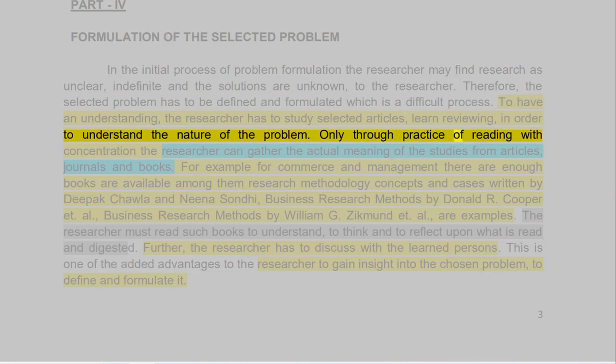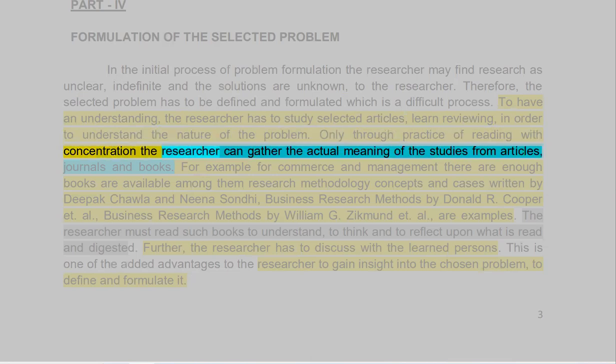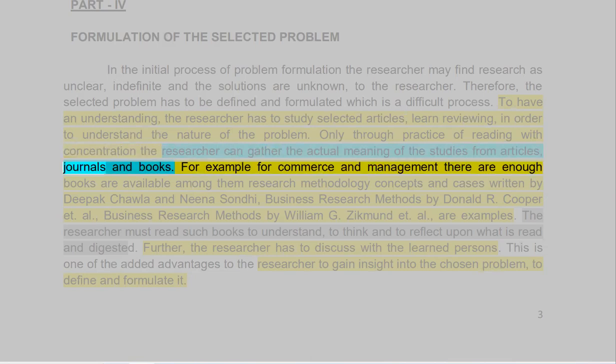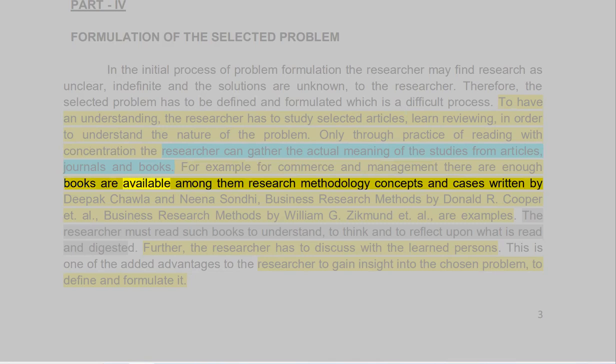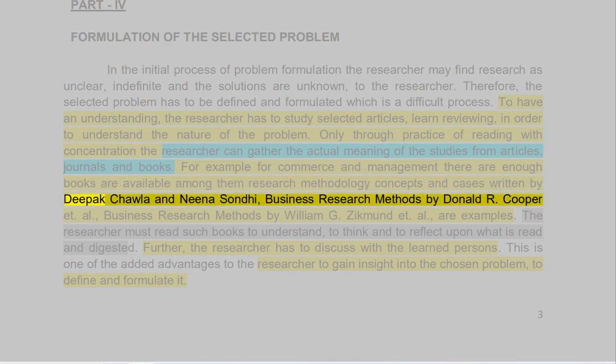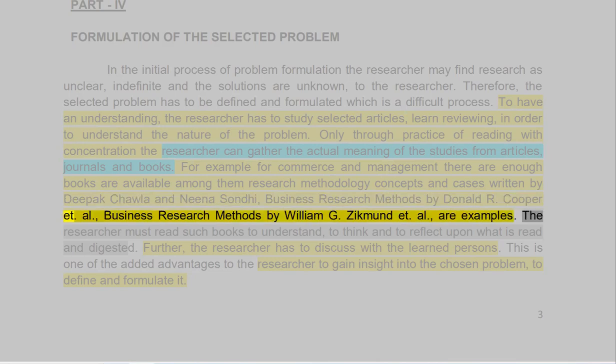Only through the practice of reading with concentration can the researcher gather the actual meaning of the studies from articles, journals and books. For example, for commerce and management there are enough books available. Among them, Research Methodology: Concepts and Cases by Deepak Chawla and Neena Sondhi, Business Research Methods by Donald R. Cooper et al., and Business Research Methods by William G. Zikmund et al. are examples.